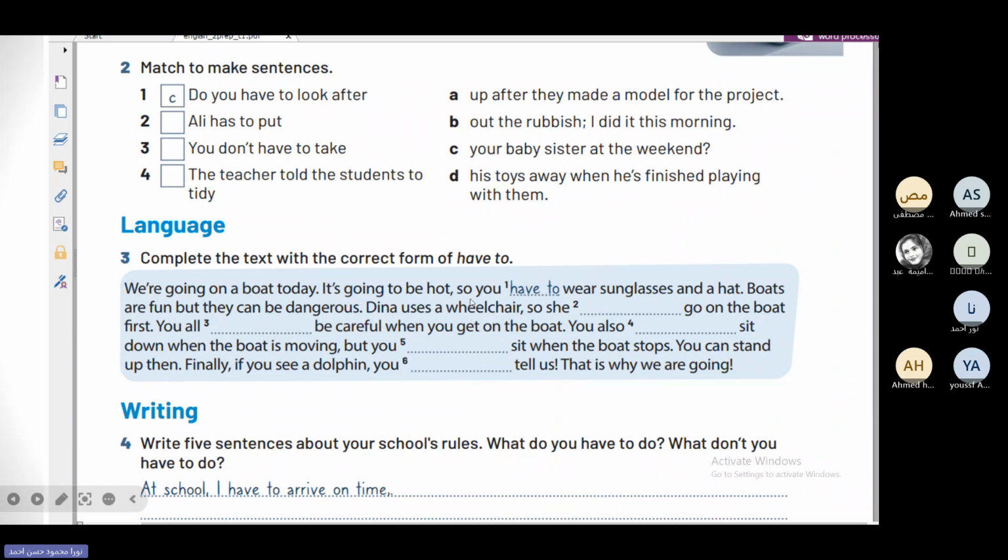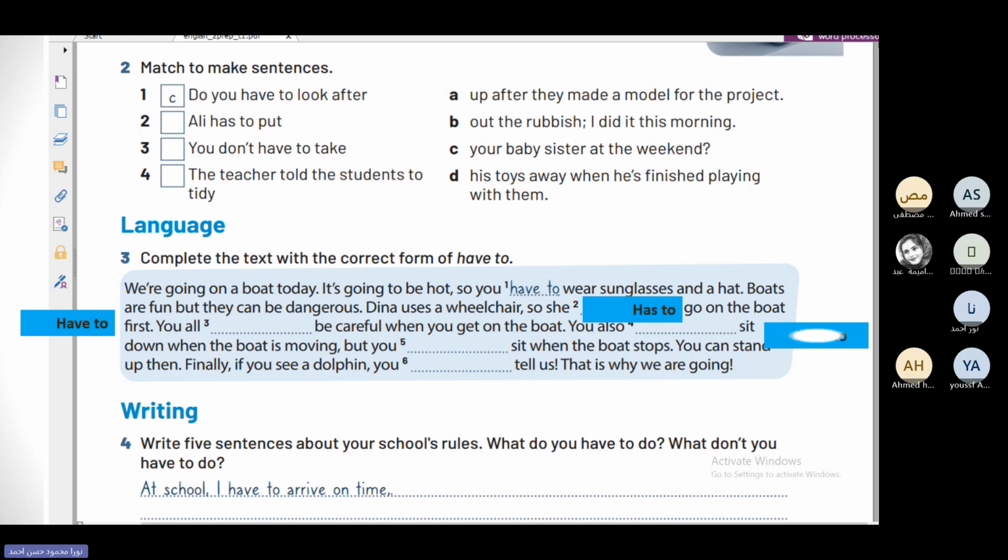It's a chair that has two wheels, and this is for people who cannot walk, right? So Dina uses a wheelchair, so she has to go on the boat first, right? You all be careful when you get on the boat. So you all, yes, have to be careful when you get on the boat.